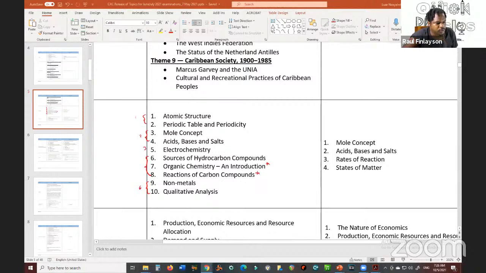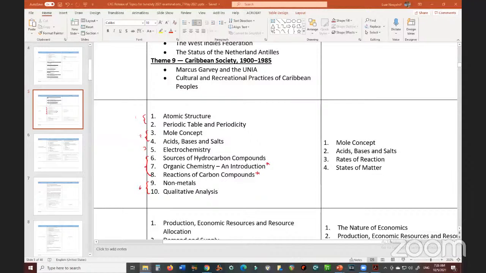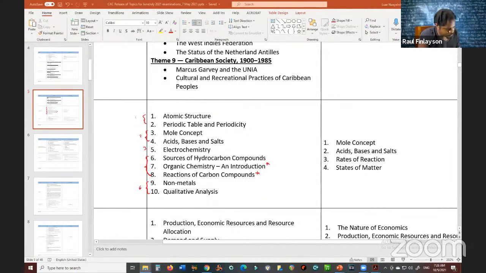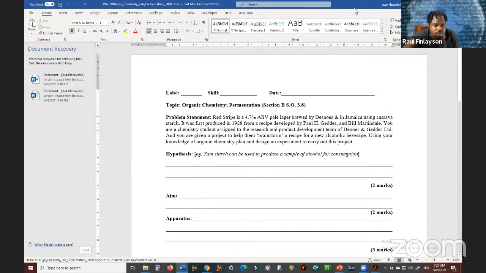Now, let's see something in the group. Yes, sir. All right, so let's check it out. We have a fermentation lab here. Oh, beautiful. All right, I've found it.